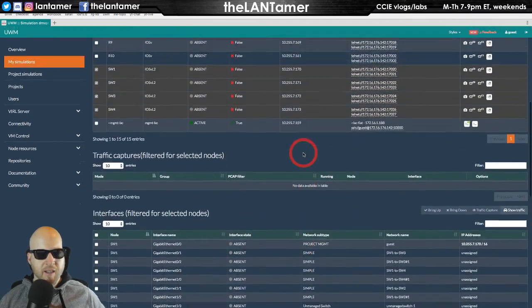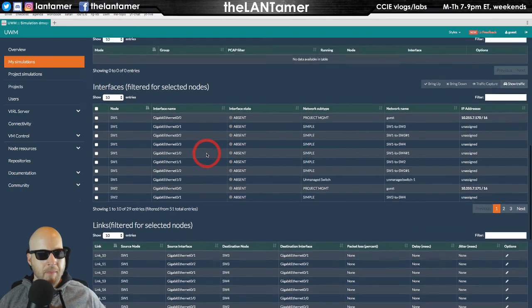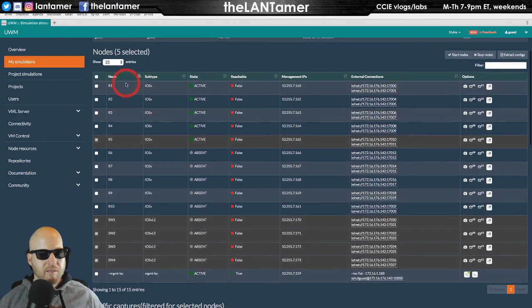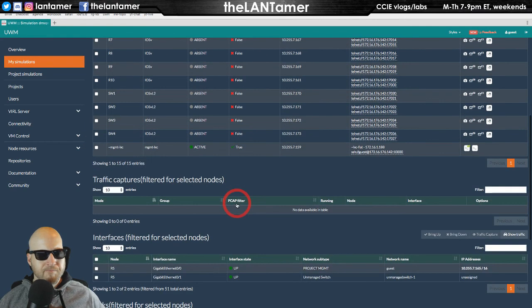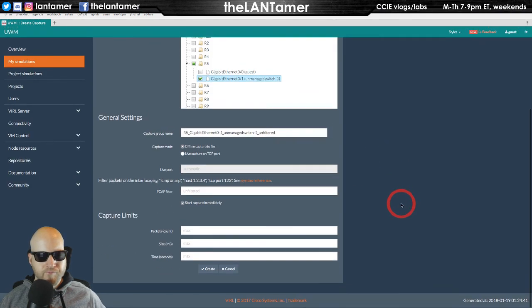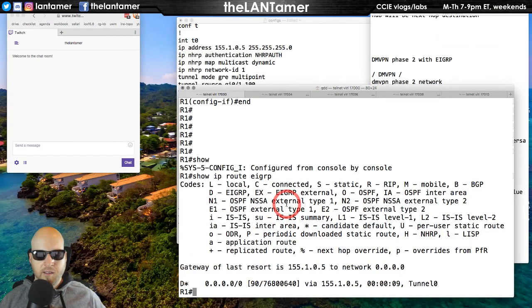We're going to do a packet capture on router 5. Router 5 traffic capture, right before all the magic happens.